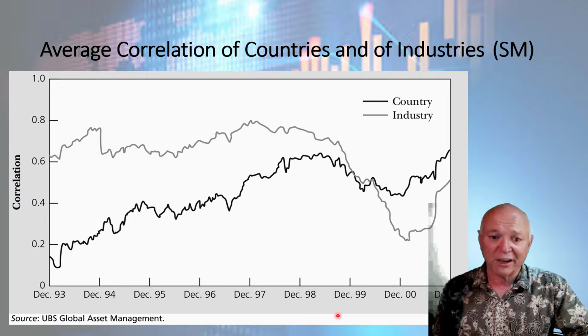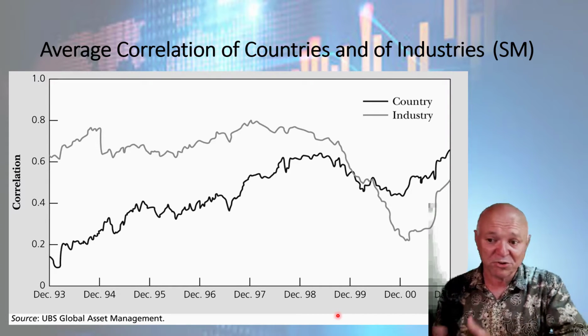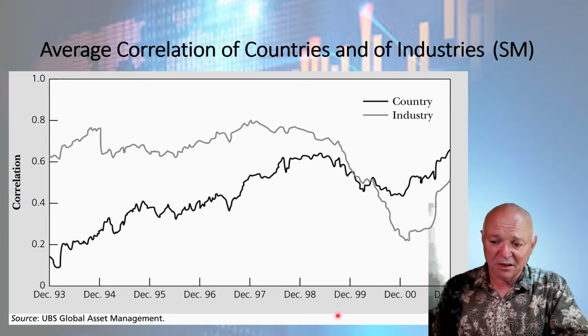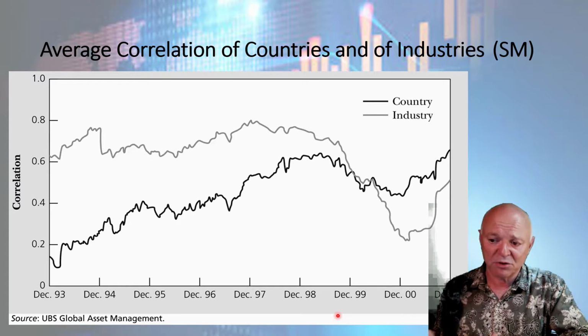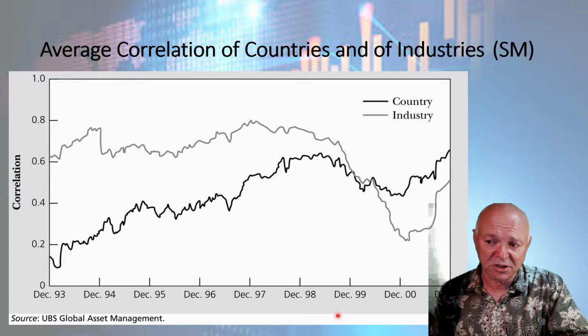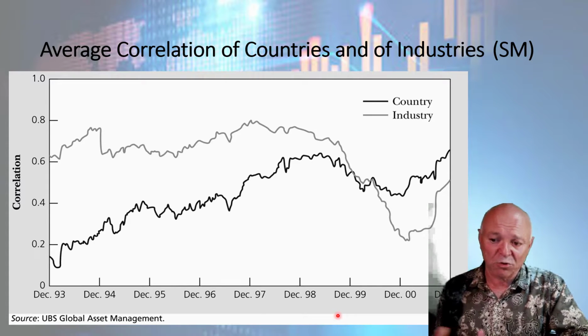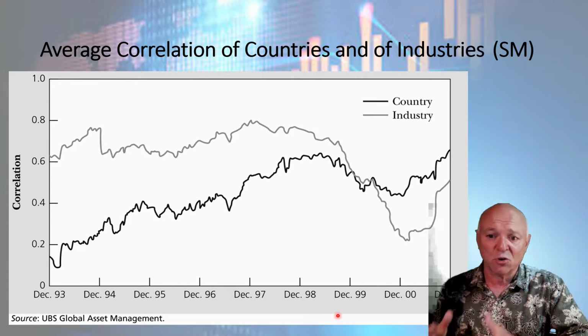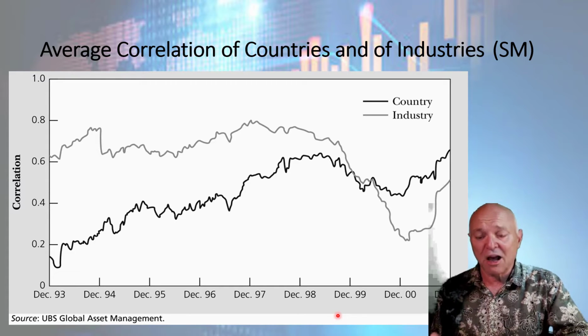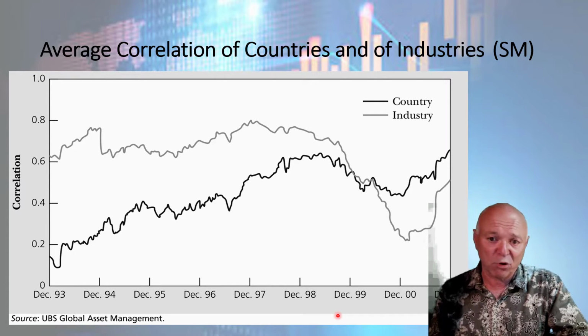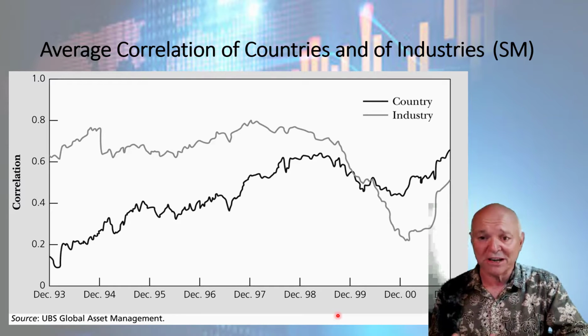If you were looking at country correlations, they tended to rise pretty much throughout the entire crisis. So if we were looking from December 2000 to December 2001, the world economy is getting worse. Correlation coefficients are increasing. However, we would have actually had more benefit by being diversified across industries, which actually did get better.